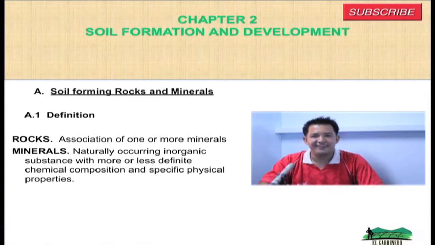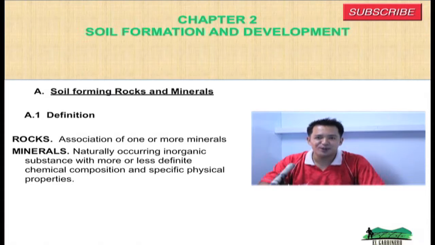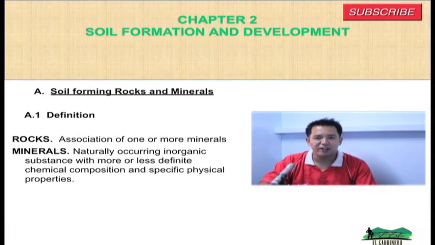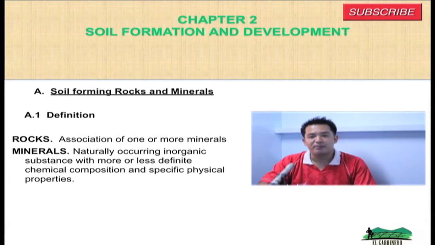Rocks, what are they? Rocks are simply defined as the association of one or more minerals. Minerals, on the other hand, are those naturally occurring inorganic substances with more or less definite chemical composition and specific physical properties.